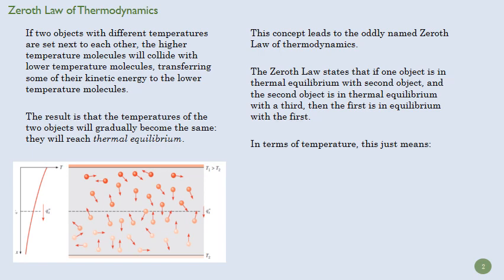In terms of temperature, this is sort of the transitive property for heat. If temperature of A is equal to the temperature of B, and temperature of B is equal to C, then A is going to be equal to C. It's just saying that temperature is a measurable and consistent indicator of the kinetic energy of a material.